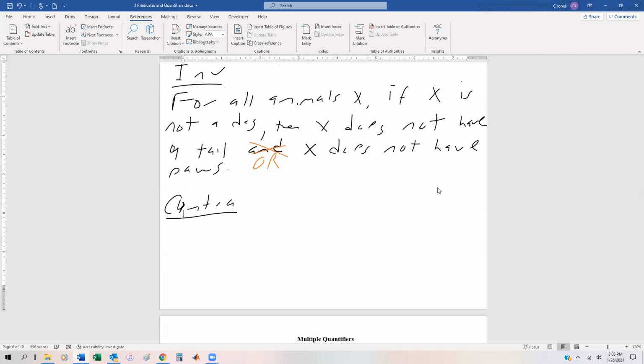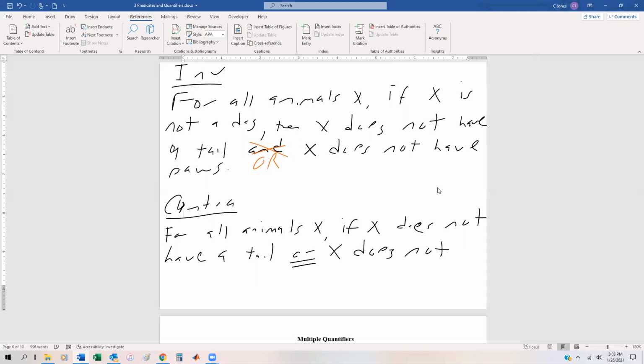For all animals x, if x does not have a tail or x does not have paws, and again, make sure to flip that connective because we're negating a compound statement, then x is not a dog.